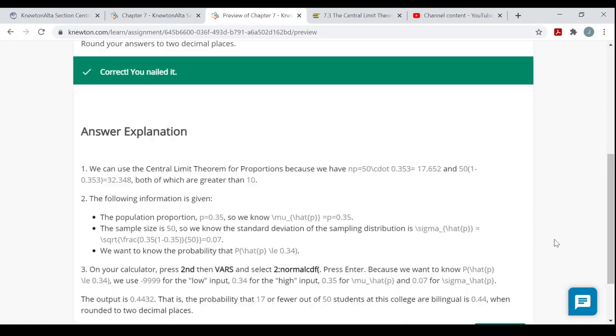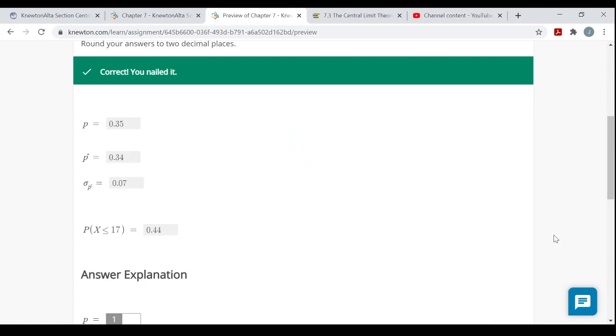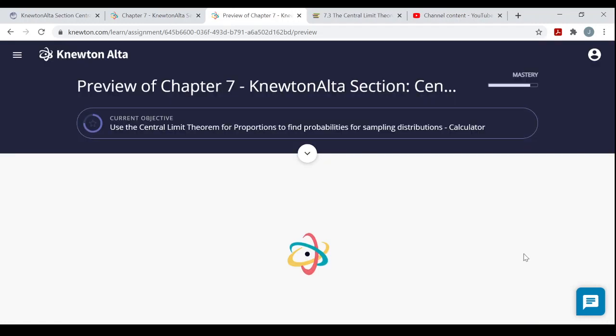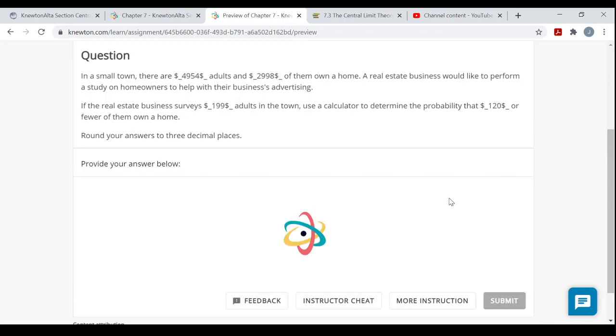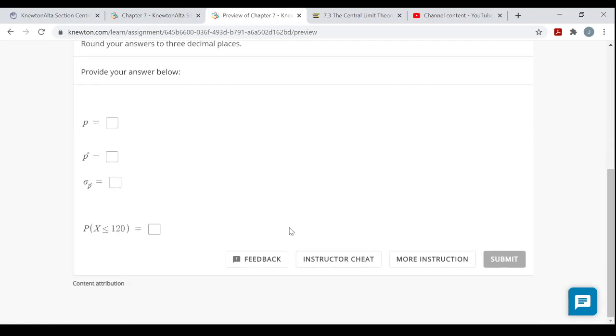You've seen me do a problem like all these before, and again, these are just now with the calculator only, and the tables aren't given. So yeah, this one will involve another normal CDF. Right, area under a curve, fill in the blanks here, round to 3 decimal places, all that good stuff.